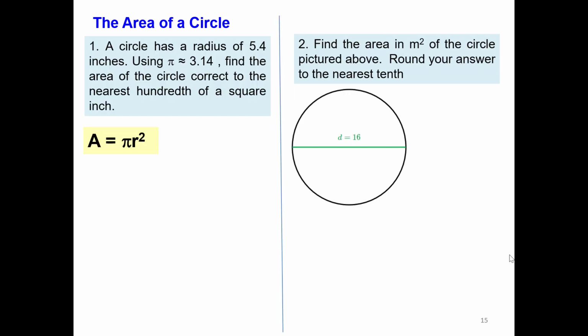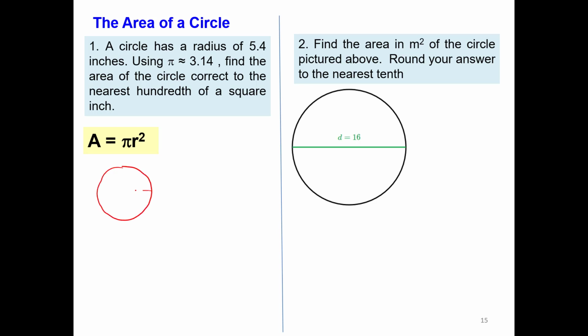Now we know to calculate the area of a circle, we can apply the equation pi r squared. And this equation works for any circle. Let's try to apply this equation to solve these two problems. We want to calculate the area of a circle that has a radius of 5.4 inches.